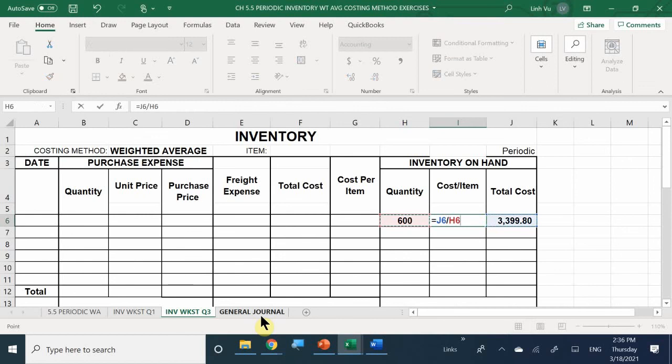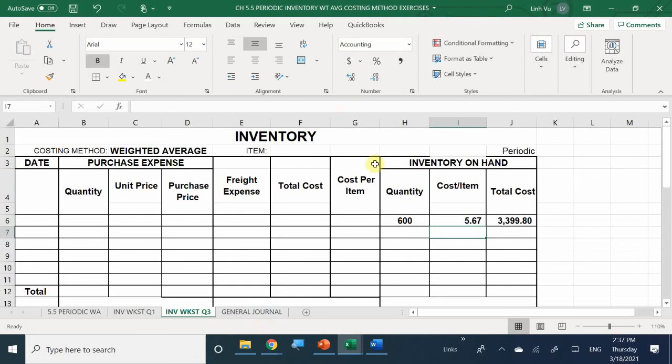So I'm going to practice this over and over again, especially when we move into perpetual inventory. You're going to notice this trend. So here, I know that I should have $3,399.80, and I have 600 items left. So in this case, if I were to extend it, you're going to notice a few things. What happened here?